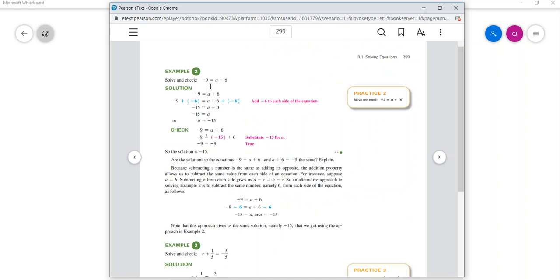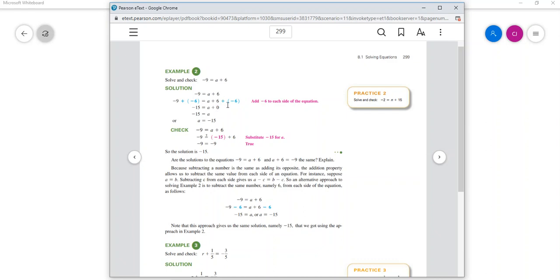We say negative 9 equals a plus 6. Again, you can move the a over, or you could just say let's get a by itself first. And that's what they do here. They say a plus 6, minus 6. So 6 plus negative 6 goes to 0.